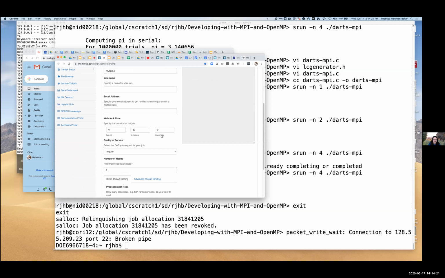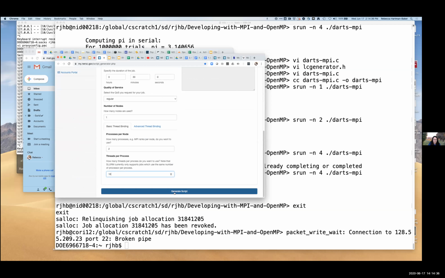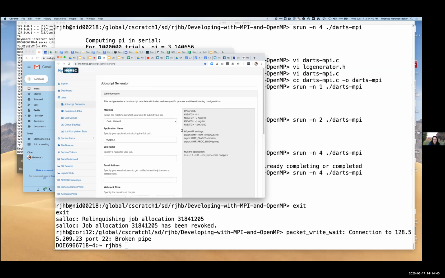So I can just say I want to use one node, I want to use 2 MPI processes, and I want to use, I don't know, 16 threads. And then it generates a script for me. And here it is. And so then I just copy and paste the script into my file.